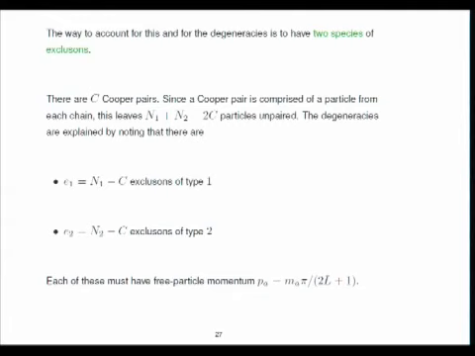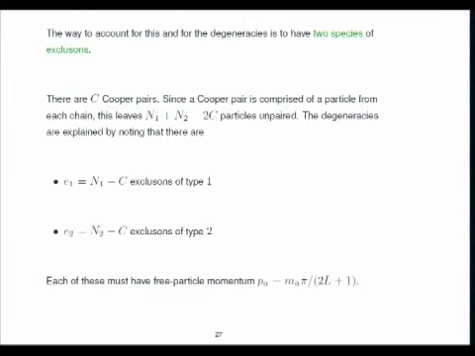Then there's N1 plus N2 minus 2C particles that aren't paired and thus have the free fermion momentum. But those degeneracies can be explained by saying, here's the number of particles on chain 1, but then C of them form Cooper pairs, and this is how many you have left, call that E1. Call those exclusons of type 1, and then those are exclusons of type 2.